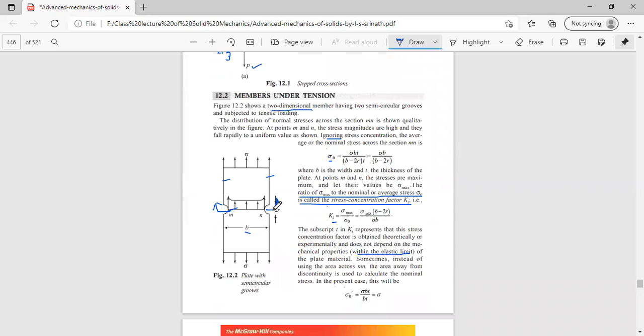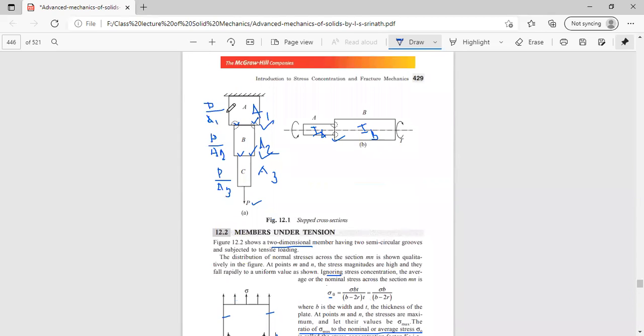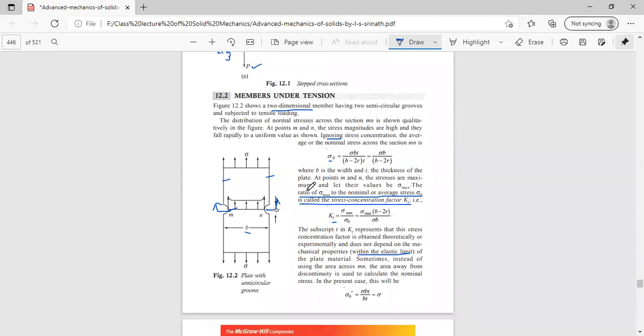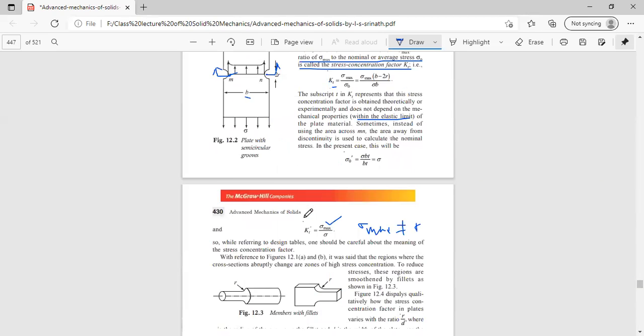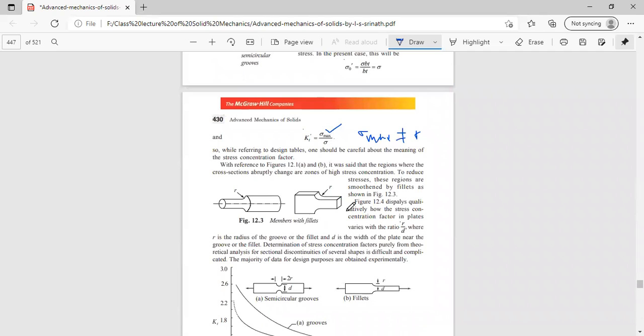Here, what we see is an abrupt change. The cross section is rapidly reduced from here to here, and from here it is rapidly reduced again. There are no fillets. Here is also the same: from here it is rapidly reduced to this cross section. In order to take into account the stress concentration, we have to use fillets here, meaning rounding the cross section where it is abruptly changing.